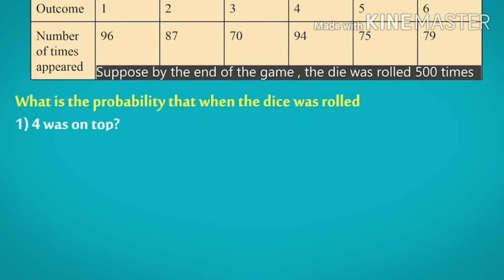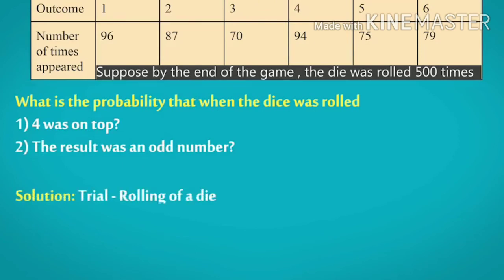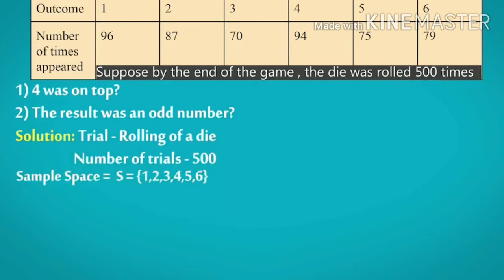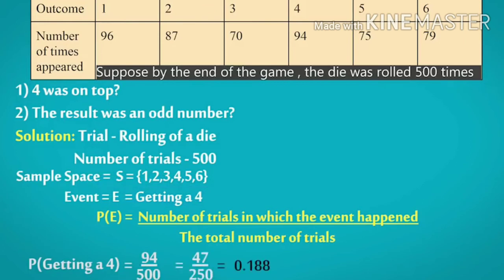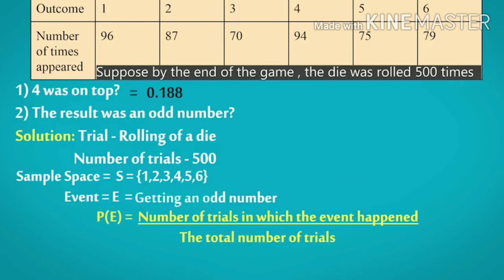What is the probability that 4 was on top, and second, that the result was an odd number? The trial is rolling a die, and n of S is equal to 500. What is the event here? Getting a 4. The number of times 4 happened is 94, so 94 by 500 gives you 0.188.